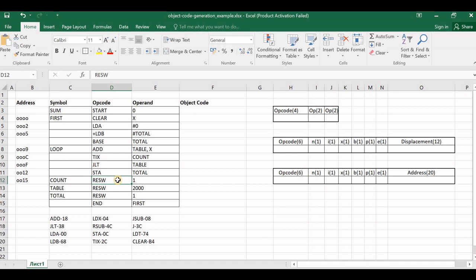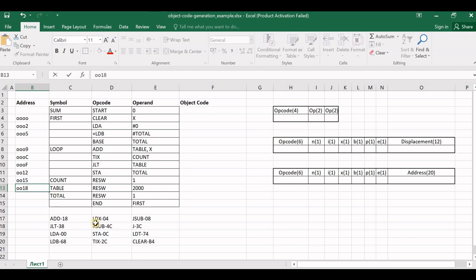So it starts at memory location 0015 and reserves 3 consecutive memory locations: 0015, 0016 and 0017 are reserved for the variable count. So the next memory location that is available is 0018.